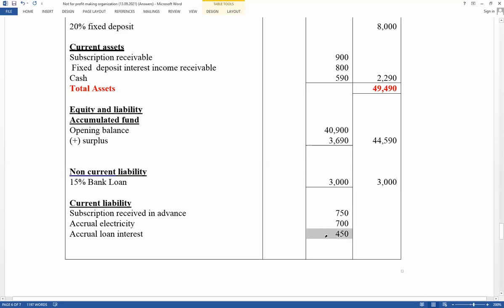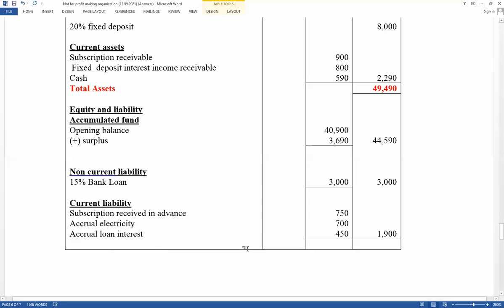And take the current liability total amounts also. Current liability total amount equal 1,900. Now take total equity and liability part.